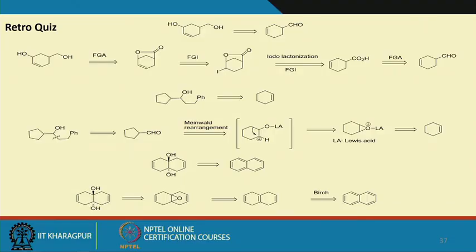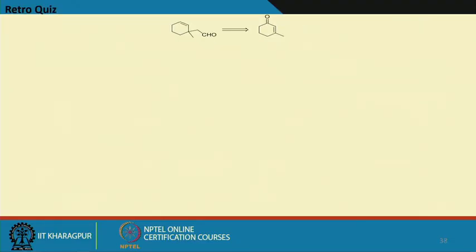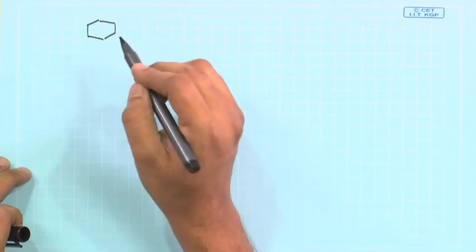Okay. So, next we will try to figure out a little bit more complex system. Let us figure out the structure.